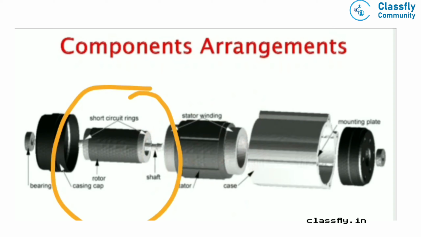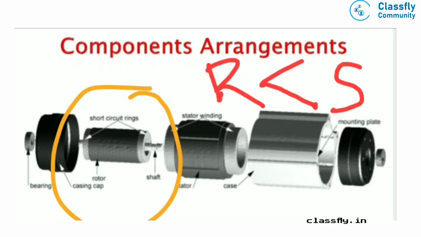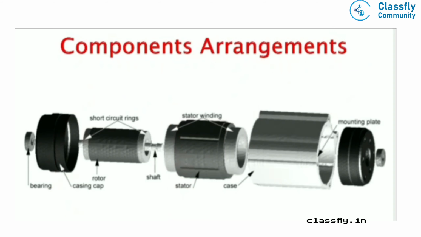So why is it called asynchronous speed? Because in the induction motor, the rotor speed must always be less than the synchronous speed. We will see this concept in slip. So let's move on to that.